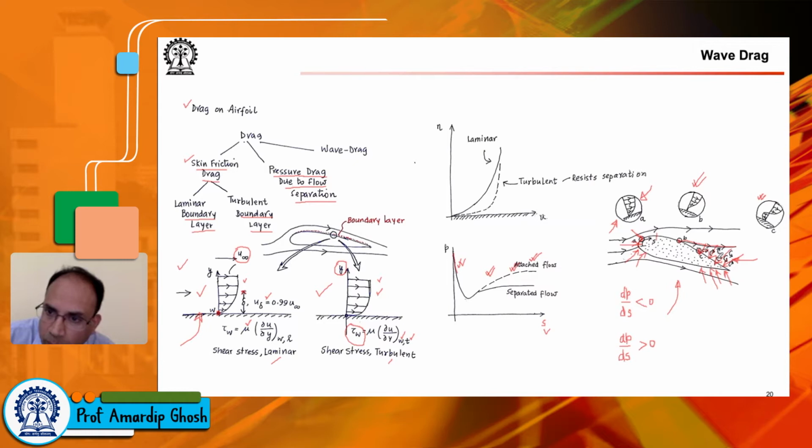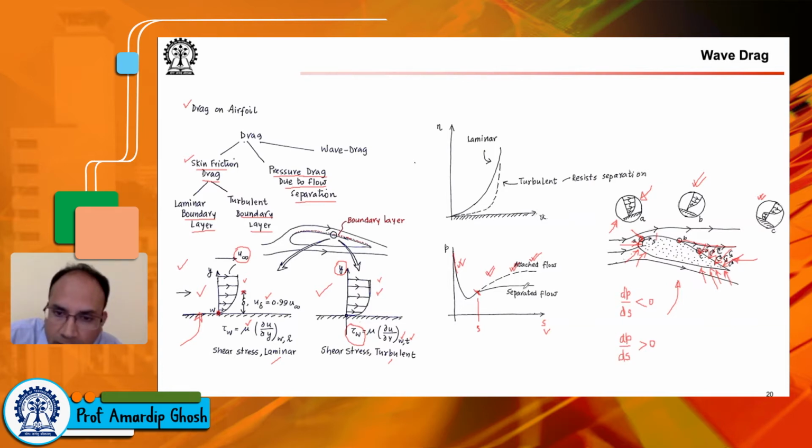However, the moment you have flow separation, suppose flow separation happens around this S. The pressure flattens out and becomes somewhat equal to the pressure at the point at which the separation has occurred, and you see that in this case the pressure on the rear side of the airfoil does not reach the values shown by this dotted line.